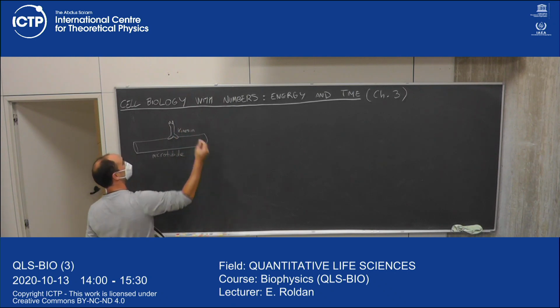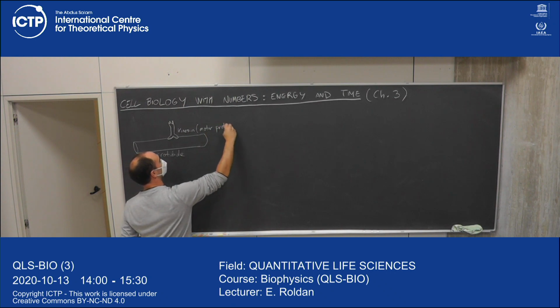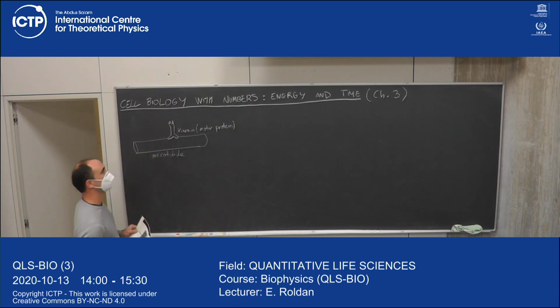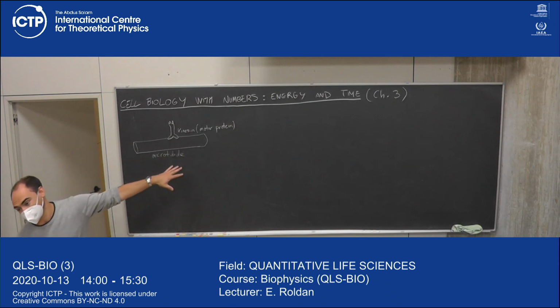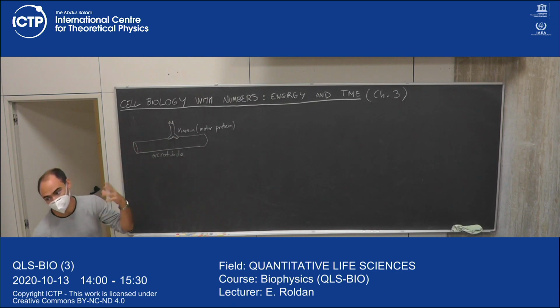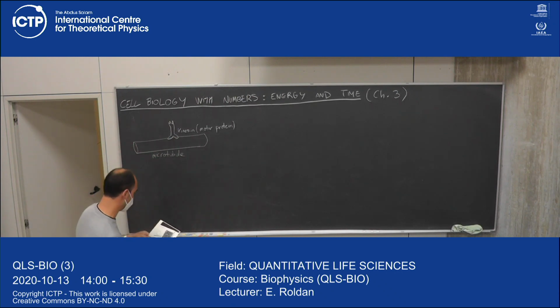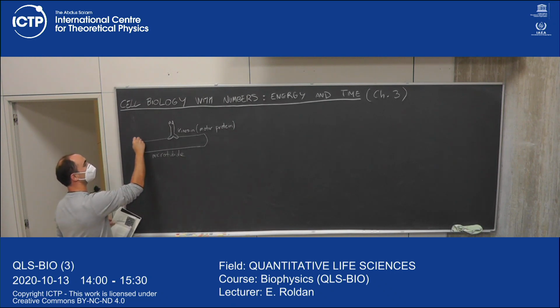Kinesin is a motor protein, which you can see as a machine that walks on a track. This is the track, the microtubule, and this machine is walking in a given direction along the microtubule. These machines can work alone or in company with other machines.